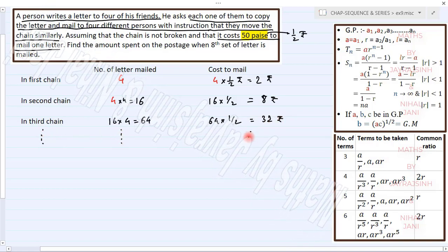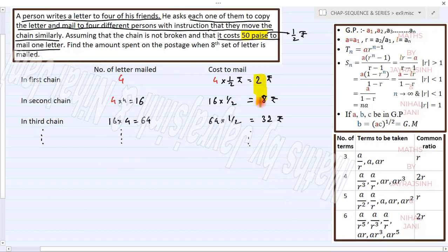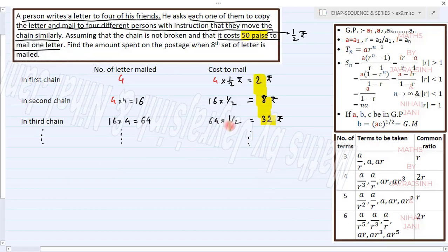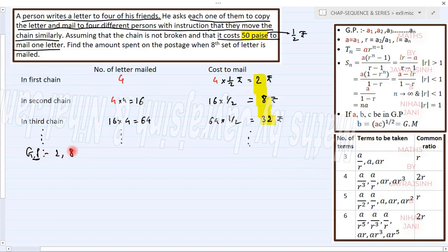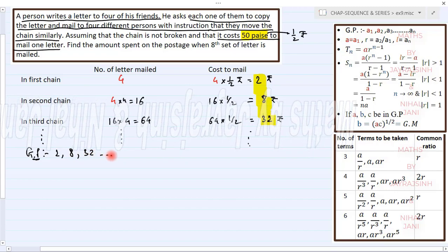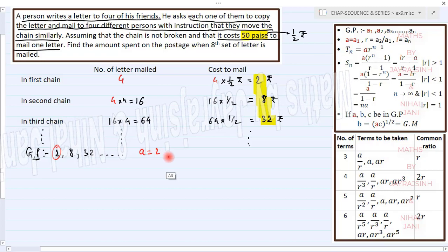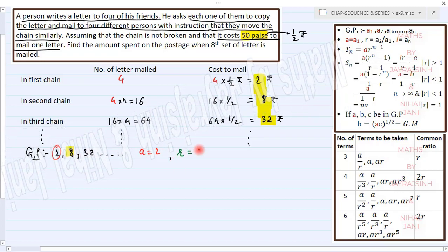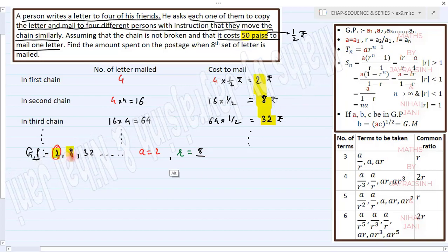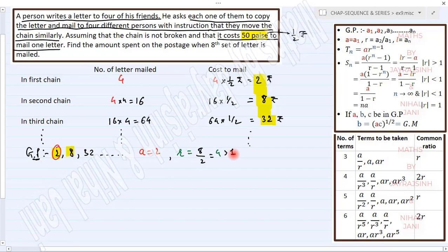The chain will not break. So as you can see, the cost to mail the letters is in GP. Your sequence is 2, 8, 32 and so on, where your first term is 2 and the common ratio of the second term to the first term is 4, which is greater than 1.